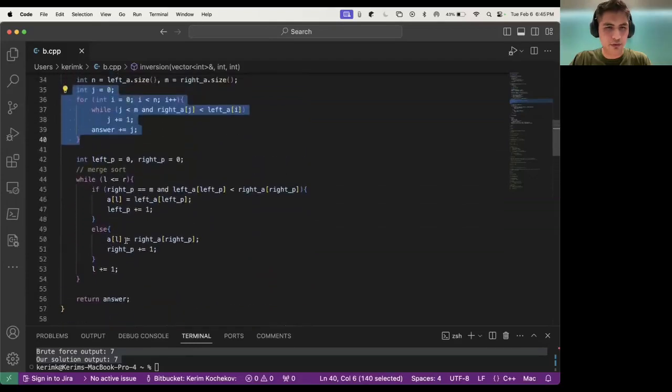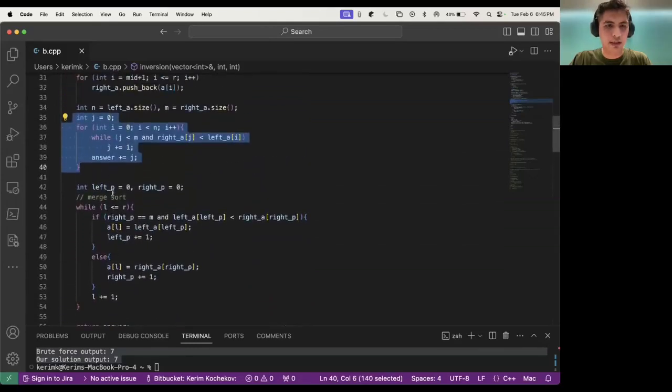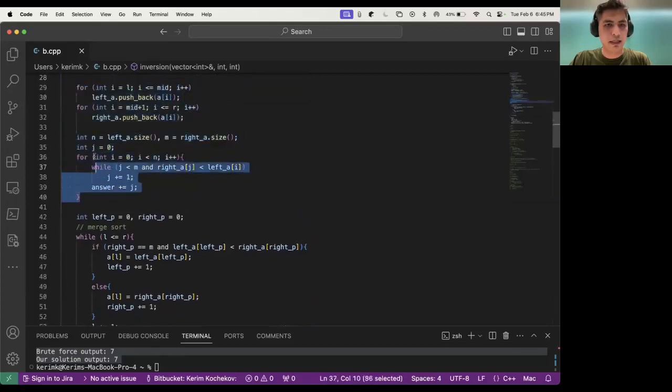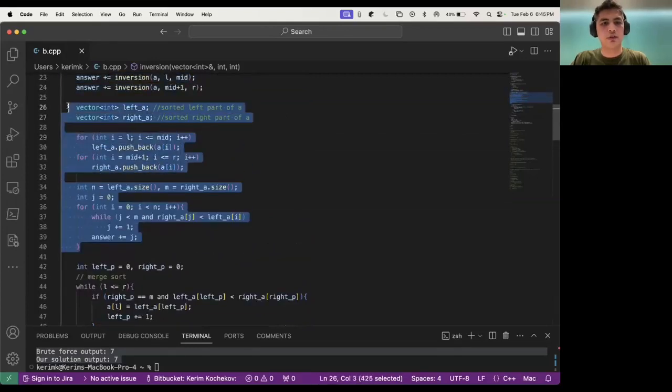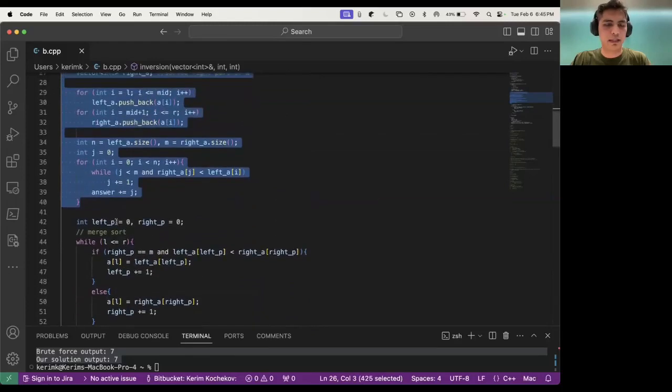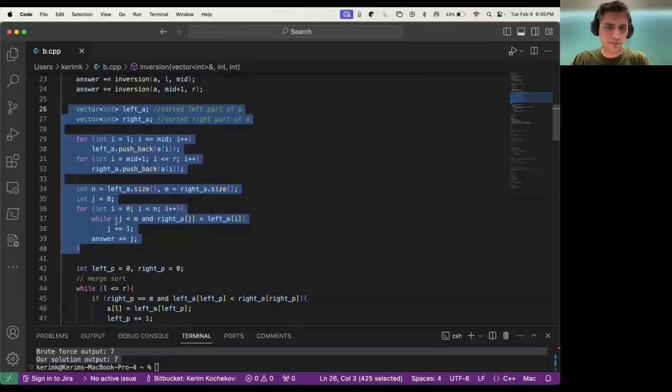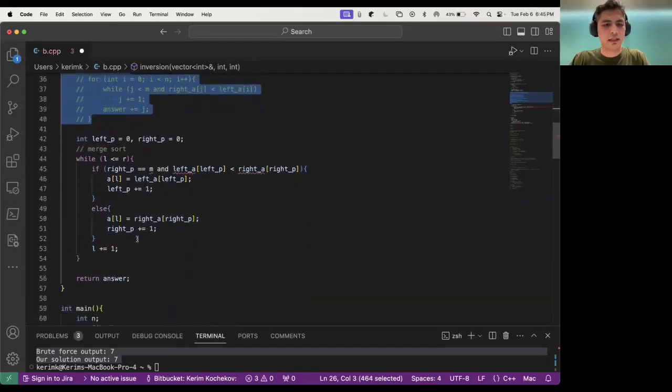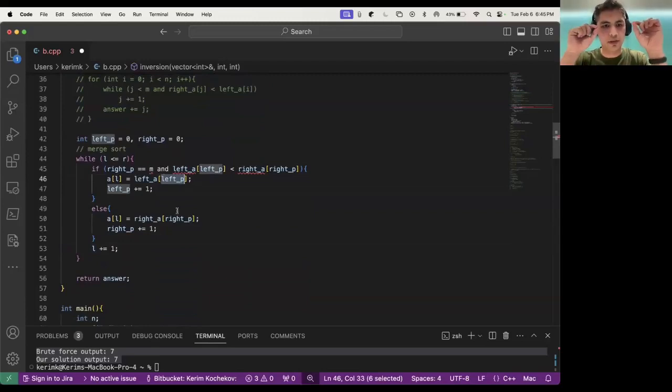I believe you could also, instead of taking these two parts into two separate arrays, do this counting while you merge two arrays. For example, it could be like this, I guess. We have a left pointer, the leftmost element, the smallest element of the left part, and the smallest element of the right part.